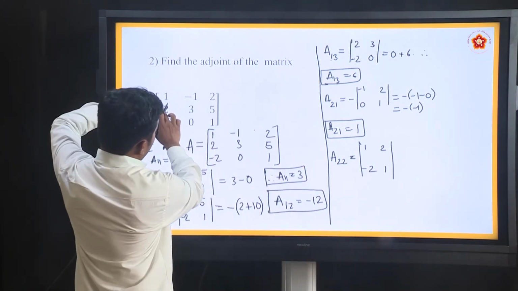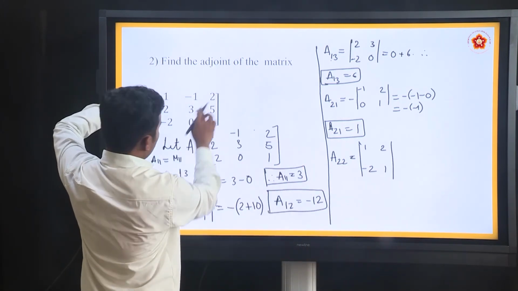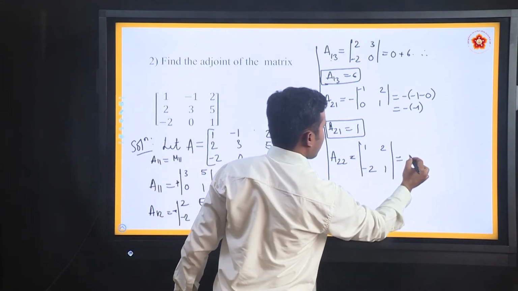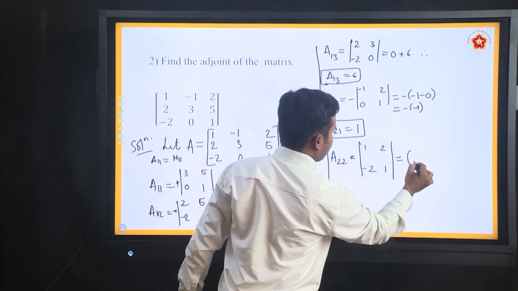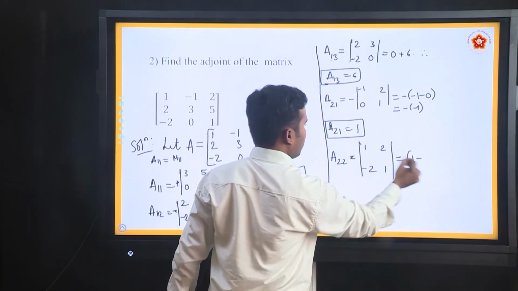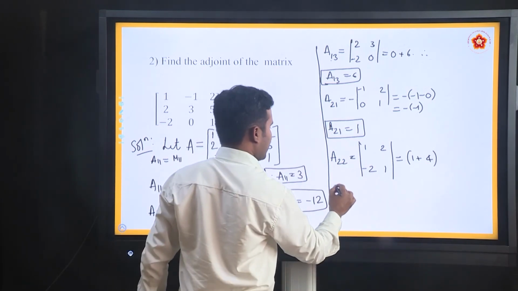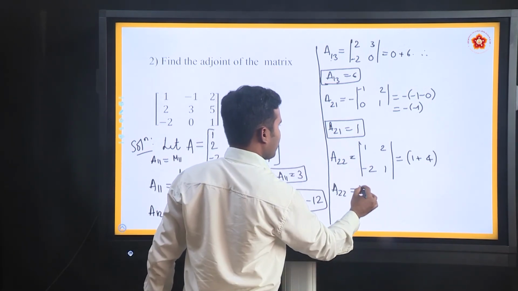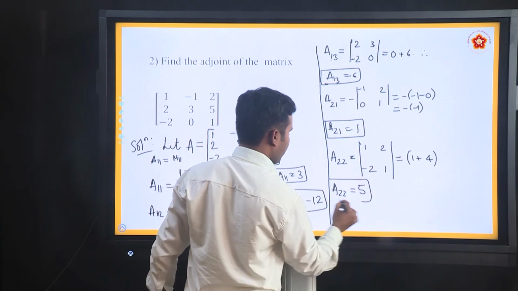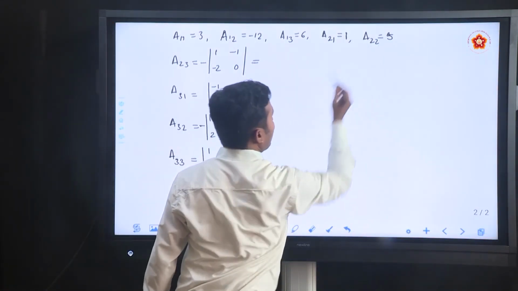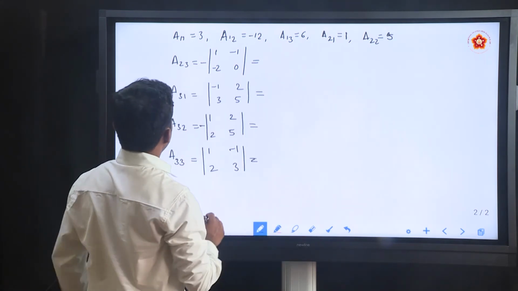Understand? Second row, second column: 1, 2, minus 2, 1. So what is this? 1 minus 4, which is plus 4. So what is A22? 5. Yes. So we found A22 as 5 and A23.